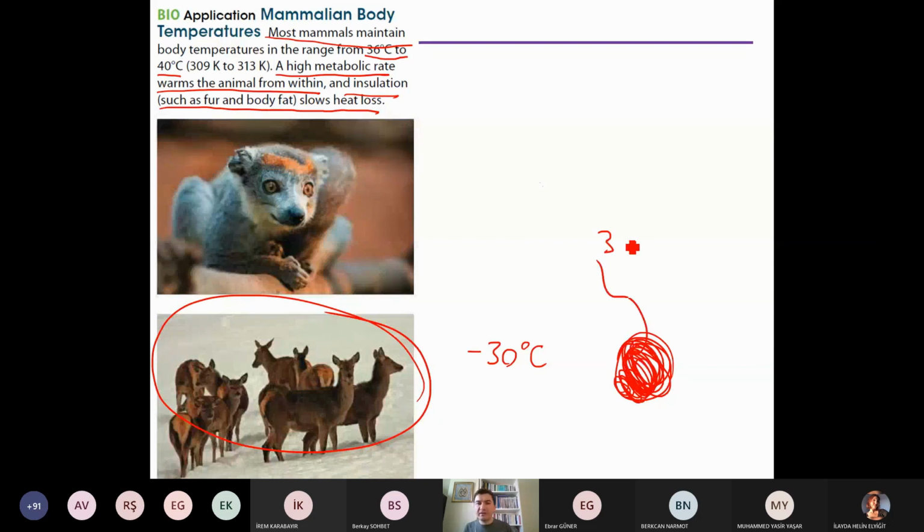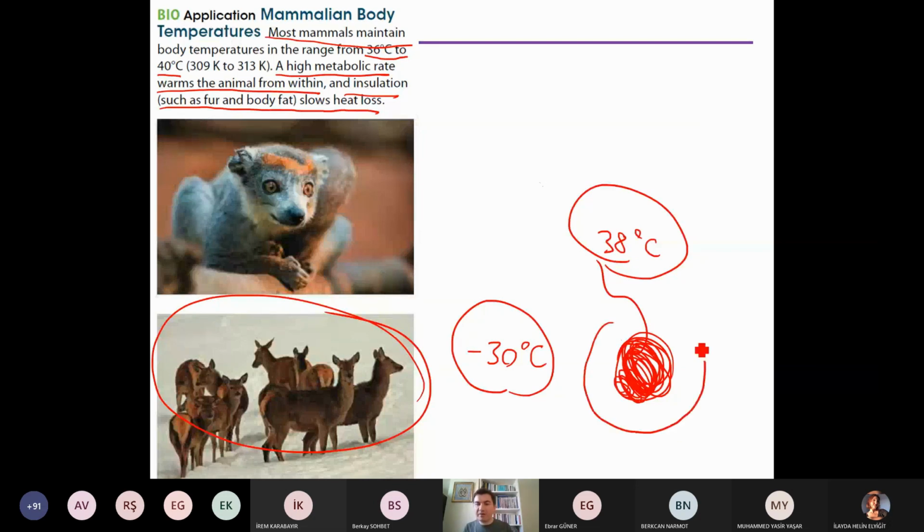Here we have very low temperature, and here we have, let's say, relatively high temperature. How to save this temperature within this body? You need a thermal insulator. What is this thermal insulator? Fur or body fat provides this thermal insulation.